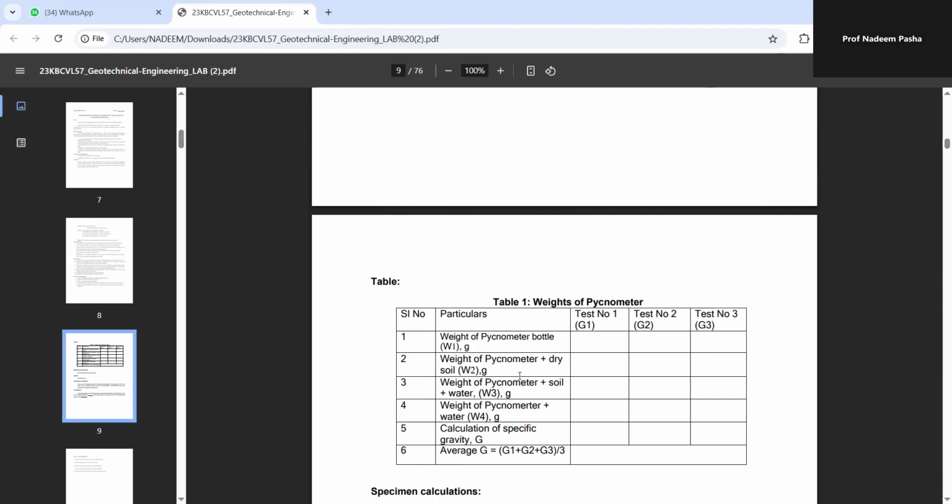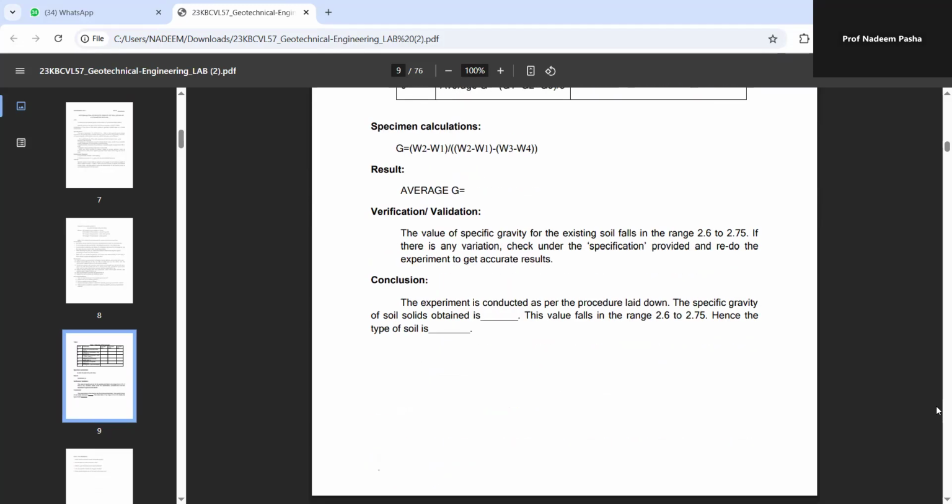Weight of pycnometer plus dry soil, that will be W2. Weight of pycnometer plus soil plus water, W3. Fourth is weight of pycnometer plus water, W4, including the conical flask or cap. Calculation of average G is G equal to (G1 plus G2 plus G3) by 3. Because we are taking 3 readings, we divide by 3. If you are taking 2 readings, you divide by 2.